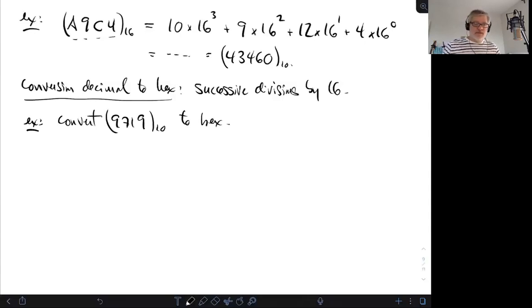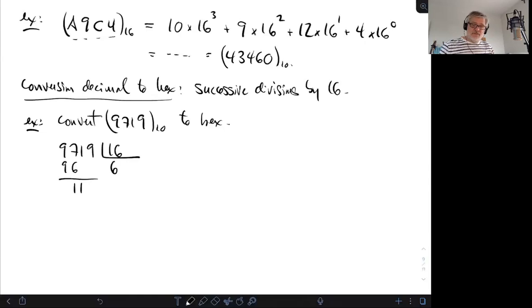So I'm going to do successive divisions by 16. 9719 divided by 16. 6 times 16 is 96. Okay, so that's 1. Bring down a 1.